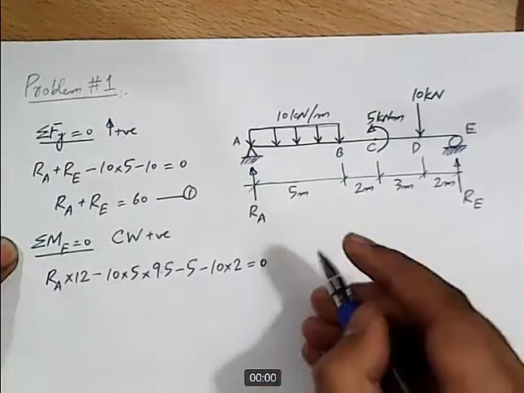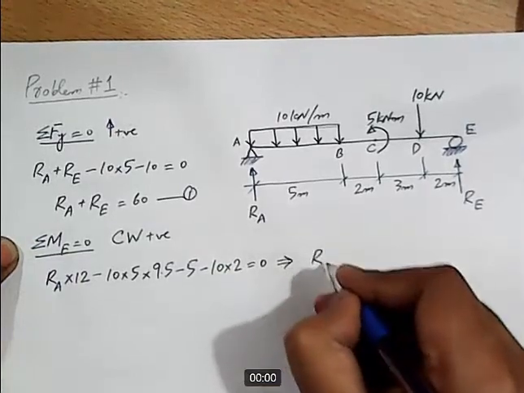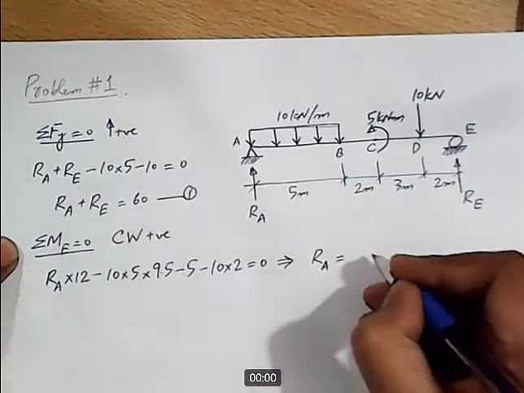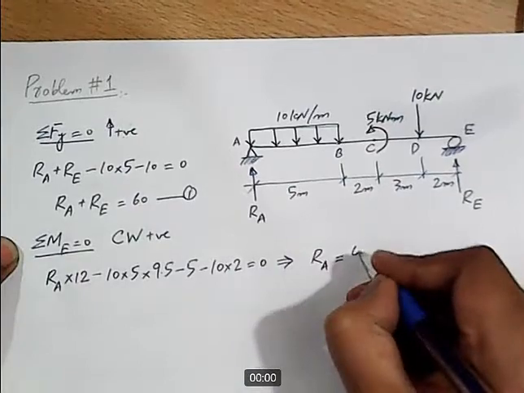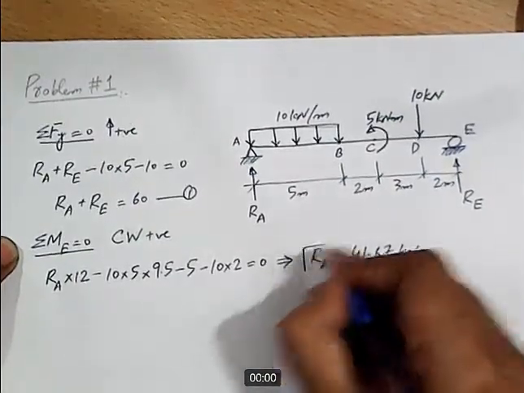Now if we solve this equation, we get the value of RA, which is 41.67 kilonewton.